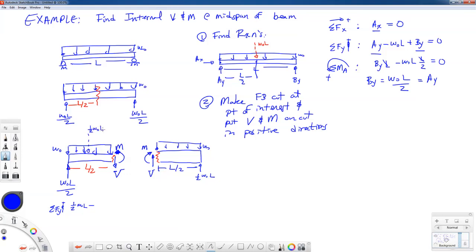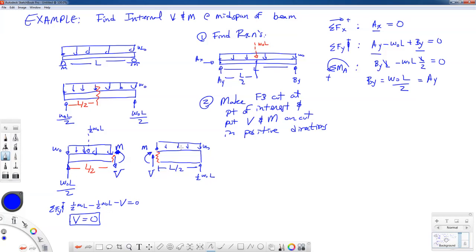So I have 1/2 W0 L because the length of the beam section is L over 2 and the distributed load is W0. And I have minus V equals 0. Well, in this case, the shear force at the midspan is equal to 0. Just happened to work out to be that way in this particular problem.